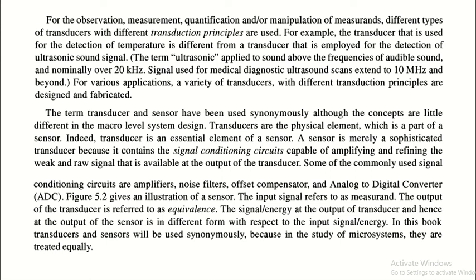The output of the transducer is referred to as equivalence. The signal or energy at the output of the transducer, and hence at the output of the sensor, is in a different form with respect to the input signal or energy. Further, in this chapter, transducer and sensor will be used synonymously because in the study of microsystems they are treated equally.